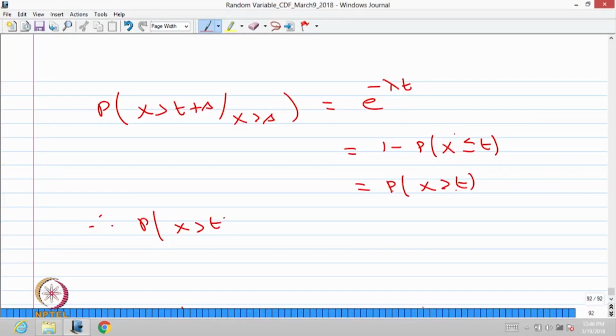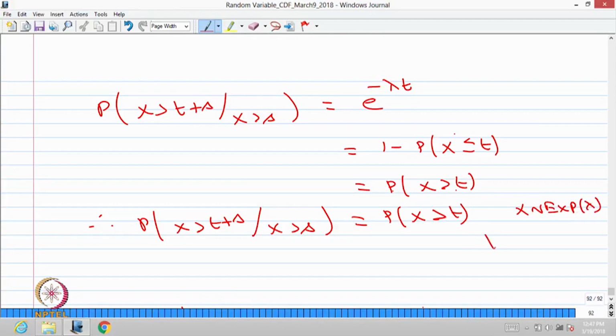That means the probability of x greater than t plus s given x greater than s is the same as the probability of x greater than t whenever x follows exponential distribution with parameter lambda. This is true for all s and t greater than 0.